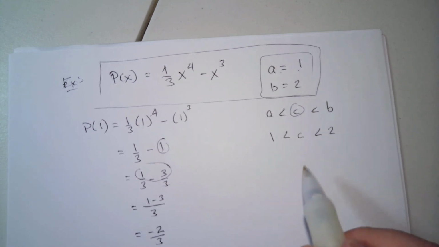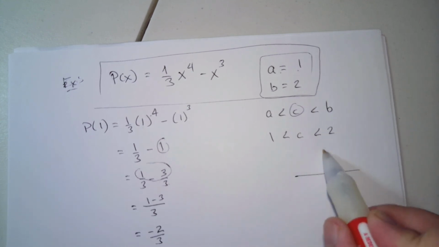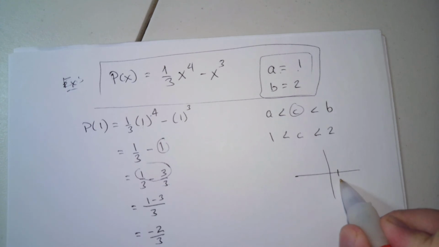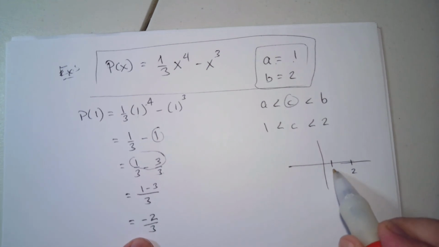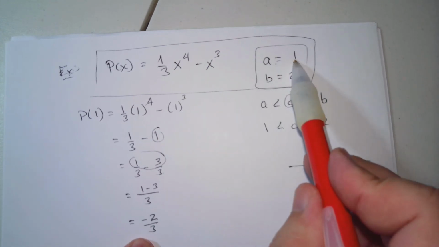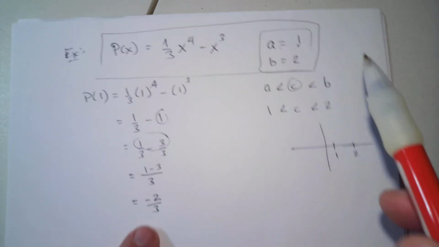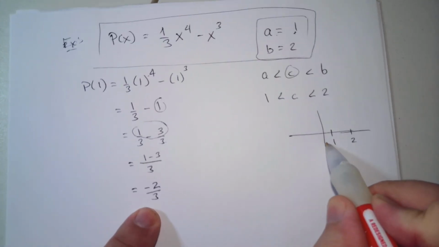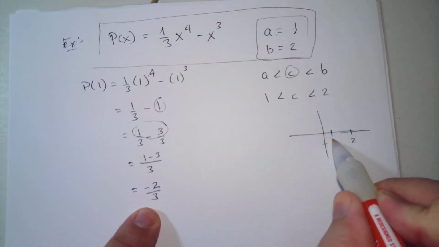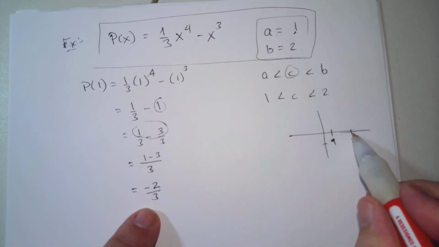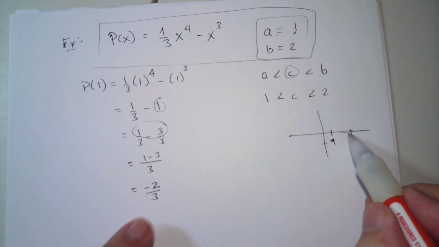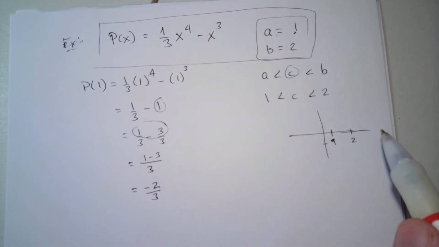Because when we do our graph, for example, when x is 1, that's what we did here. When x is 1, we got negative 2/3, which is down here. Now we're going to see what happens at 2. We need 2 separate points.